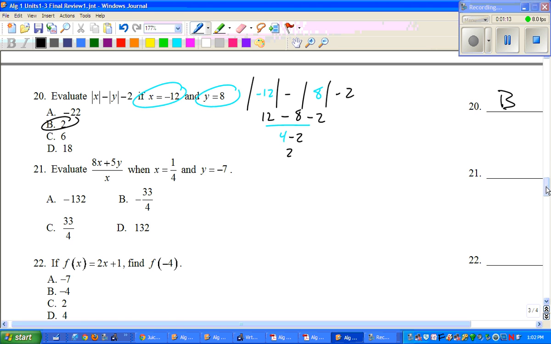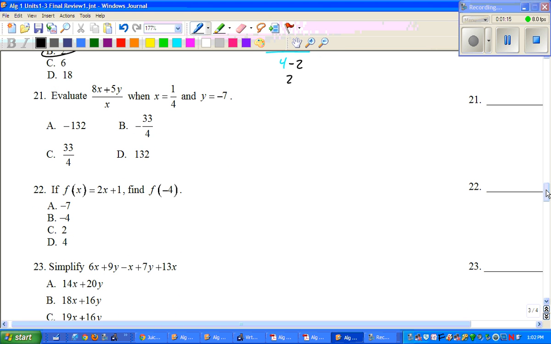All right, number 21. 8x plus 5y, all divided by x, when x equals 1/4 and y equals negative 7. So we're just going to go ahead and plug in our variables. X is 1/4, 1/4, and negative 7.